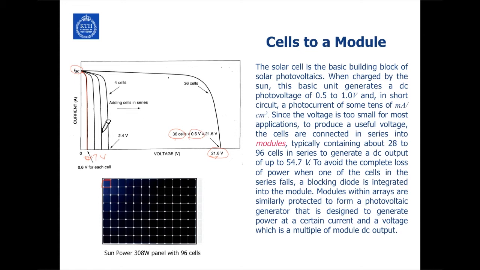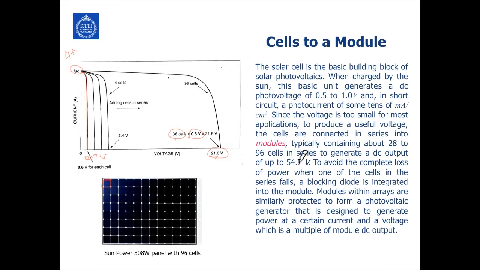So we are putting these cells together in series. When you put them in series, you increase the voltage and the current remains the same, and typically this is around 4 amps or so in this particular case, and you multiply by this, you get about 100 watts or so in this particular panel. So that is how we do this.